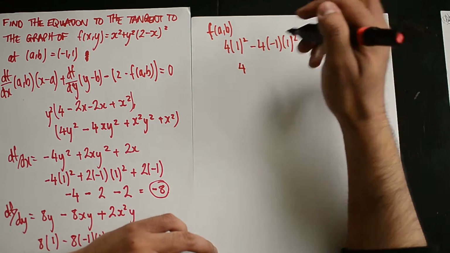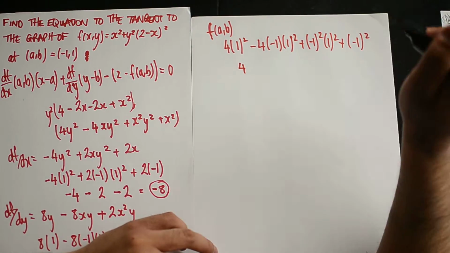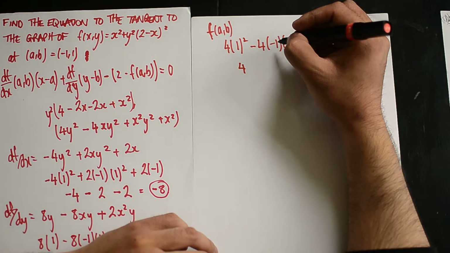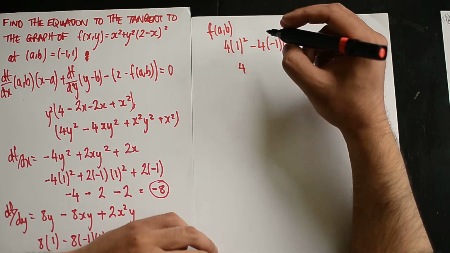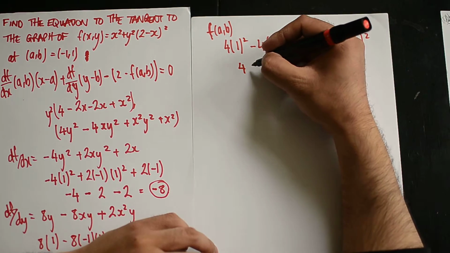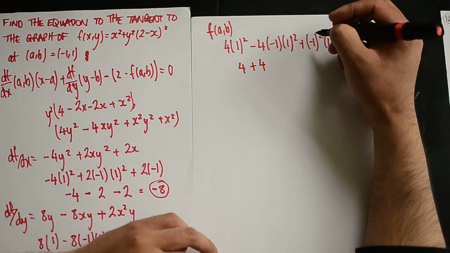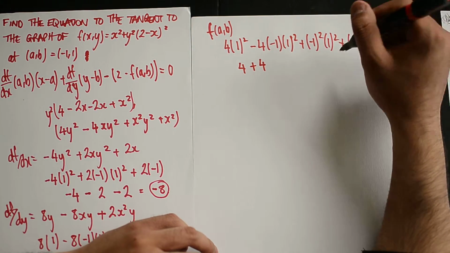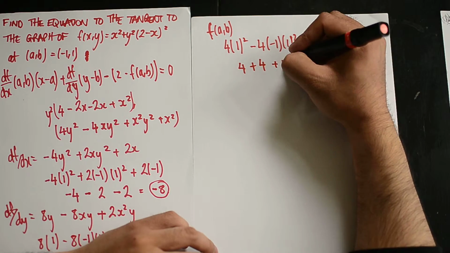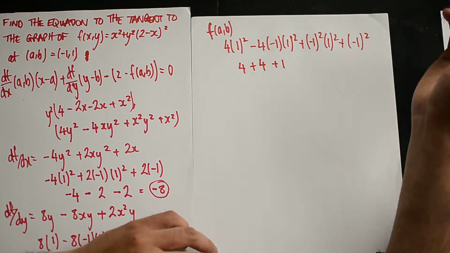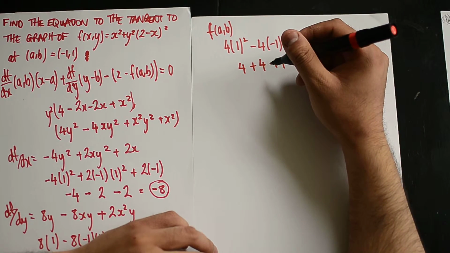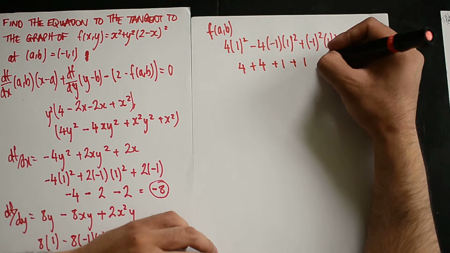So I'll get 4, and obviously this is why your brackets are very important, because you've got loads of minuses. So you'll get -4 times minus 1, so it would be plus 4. Minus 1 squared is 1 times 1 squared, which is 1, so you get plus 1, and then minus 1 squared is plus 1. So now here, that would be 10.